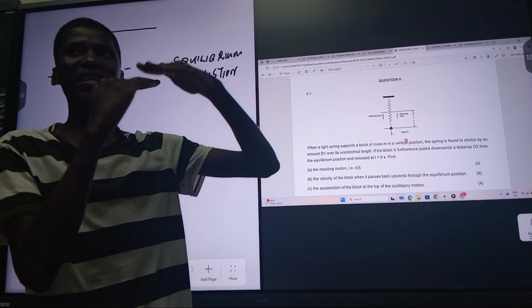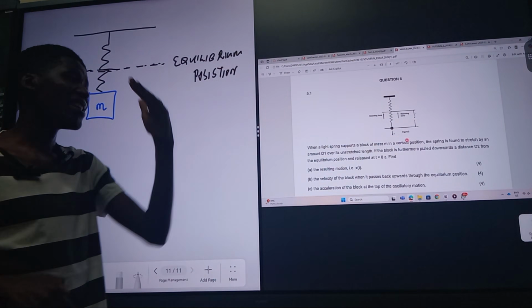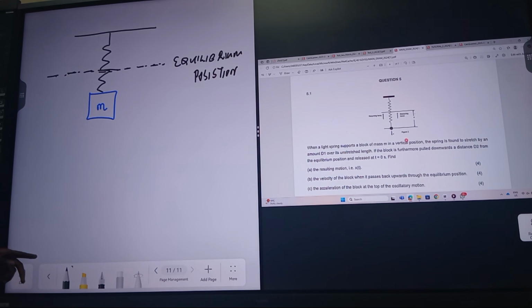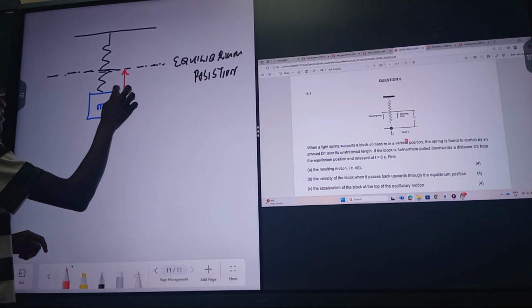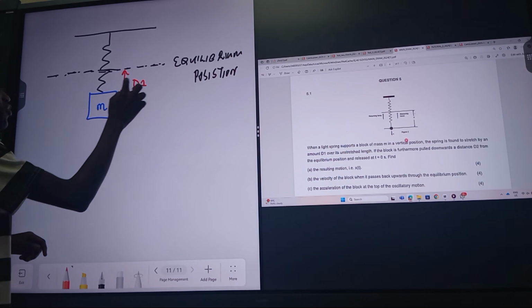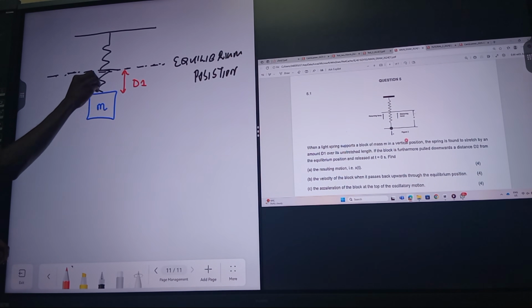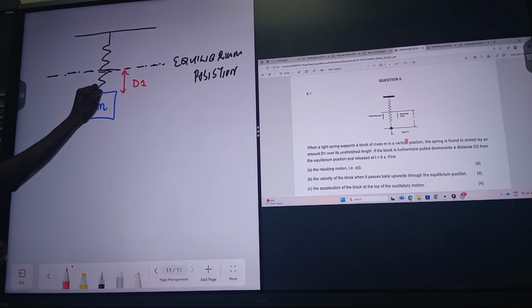By how much should it stretch? By d1, from the equilibrium position where it was unstretched. So we'll assume the spring, before putting this block, was somewhere here, and then it is stretched by putting this block.